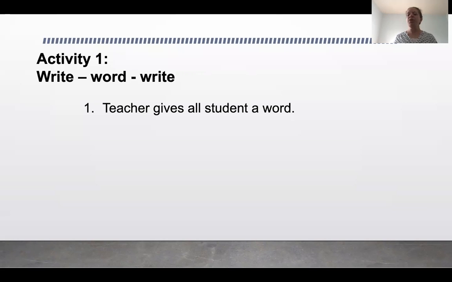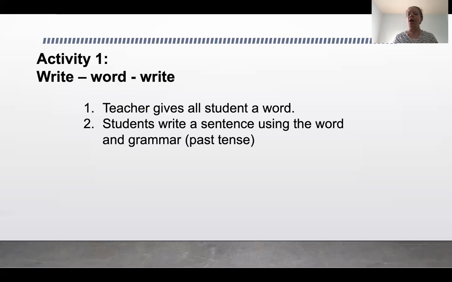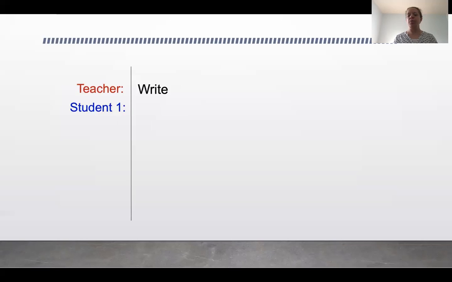So we start with the teacher giving all the students a word. For today's example, we're going to use irregular past tense verbs, and we're going to be practicing writing sentences in the past tense. But you could do this with many different types of words. Your word for today is write. On your paper, I would like you to write the word write.